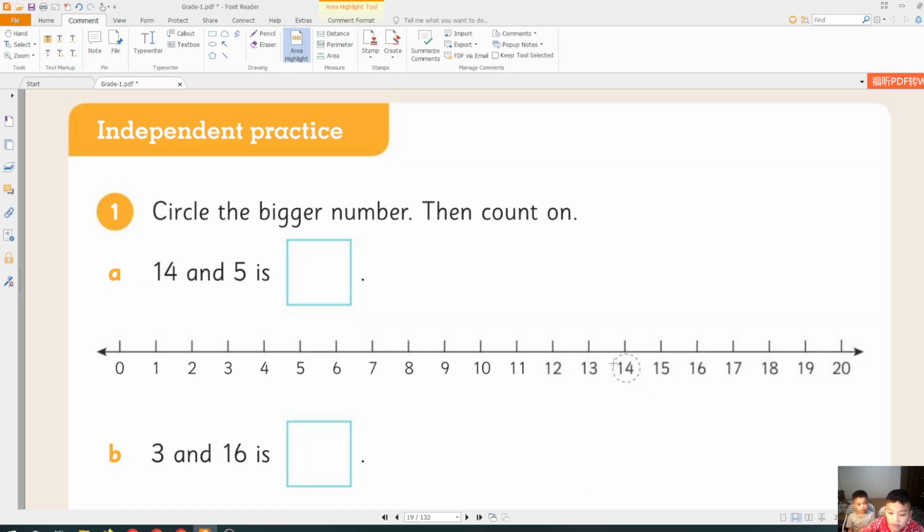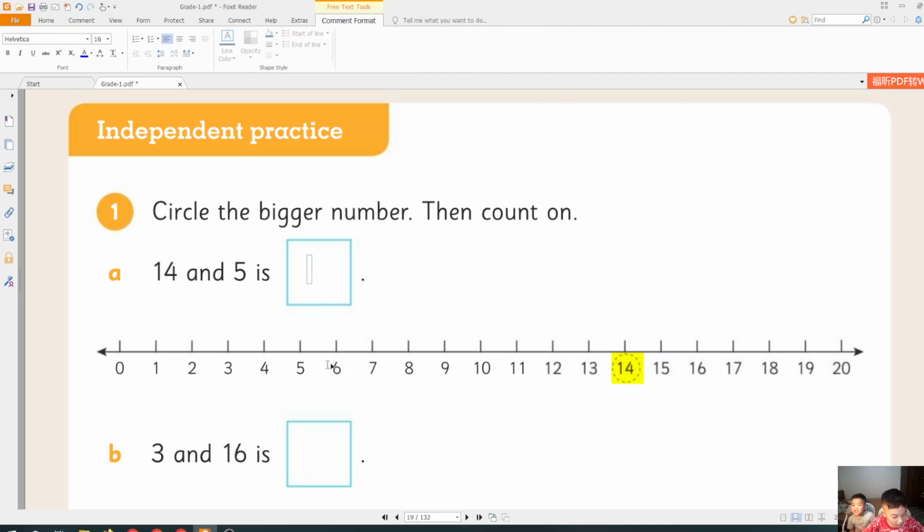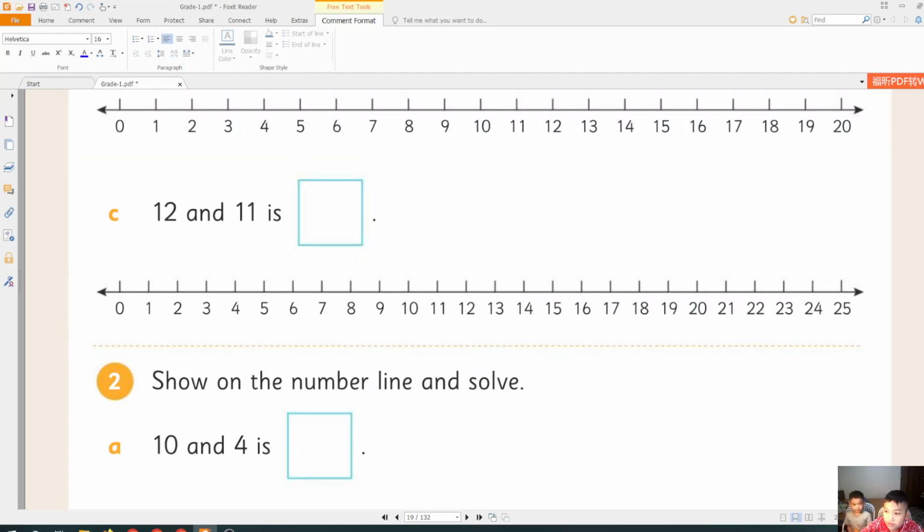This is the number 14. Let's count on. 14, 15, 16, 17, 18, and the last 19. Our answer is 19.